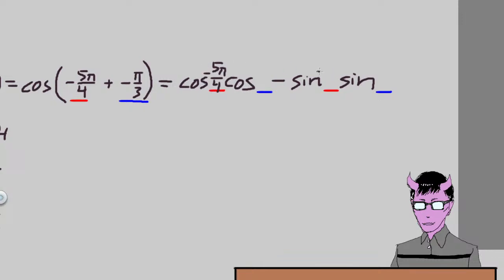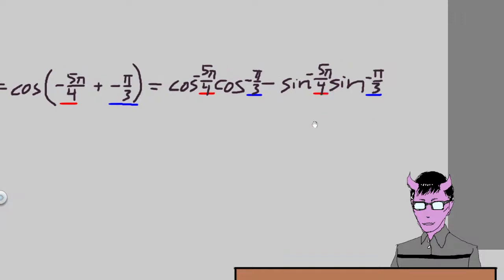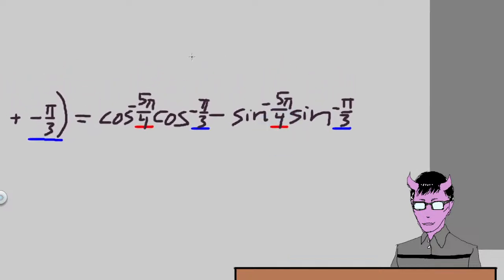I didn't leave enough room. Okay, and now we just need to do a rough sketch of the reference triangles. This is now moving in a clockwise fashion. This is 1 greater than 4, so it spills over into quadrant 2.